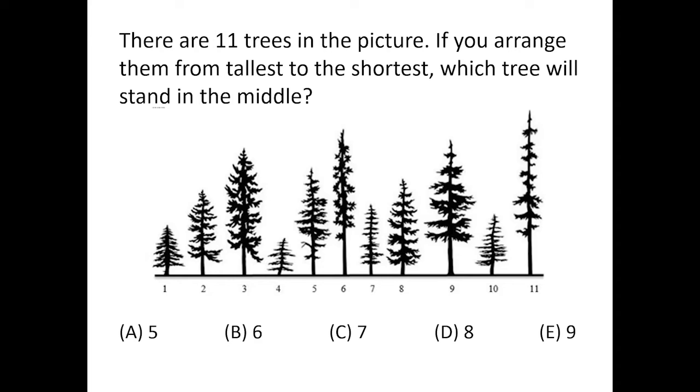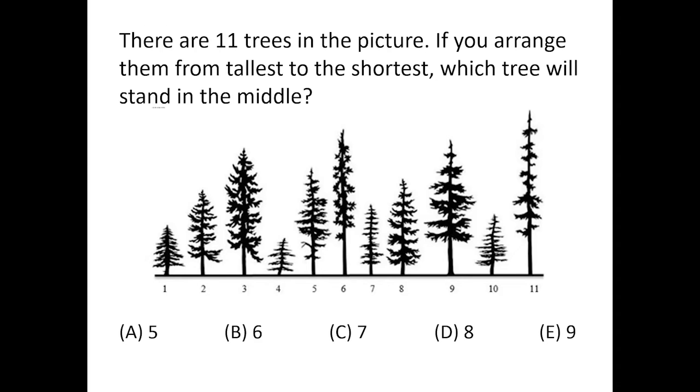The middle of 11 is the 6th position, with 5 trees shorter and 5 trees taller than the middle position. I think we can all agree that the tree in the middle will be tree number 8. Yes, that is correct.